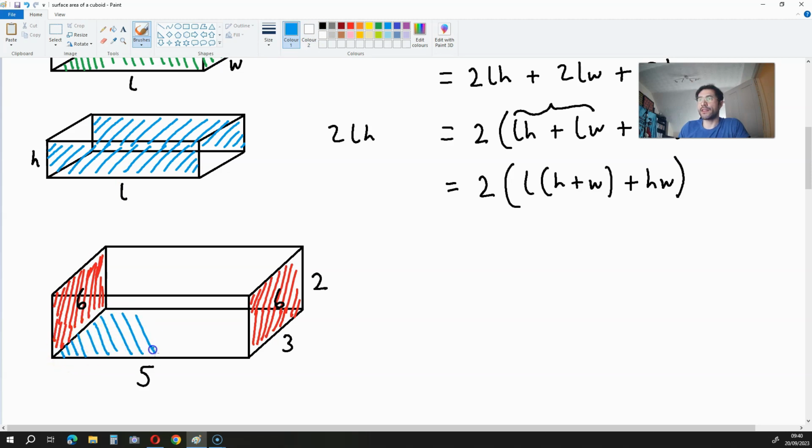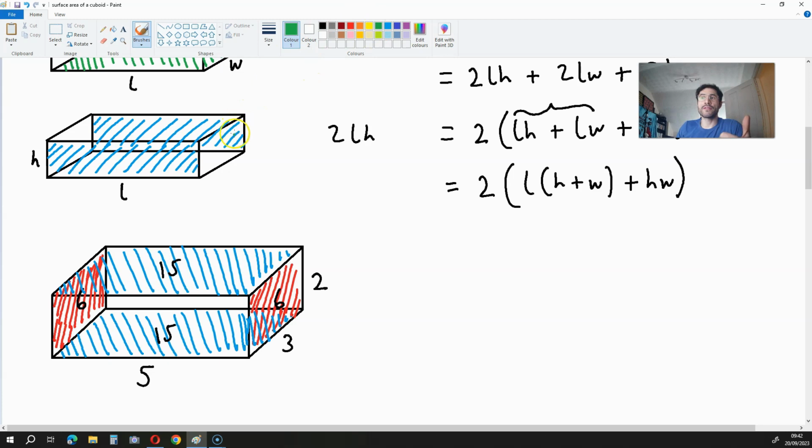What is the area of this? So, the area of the bottom face is going to be 5 times 3, and that is equal to 15. Okay, and we have 2 of these, one at the bottom and one at the top. So let me just draw this and put the value 15 up here as well.